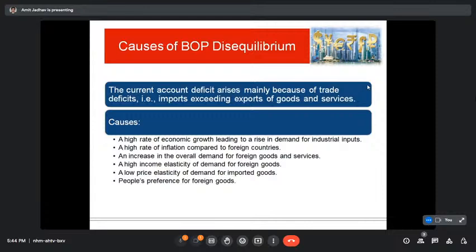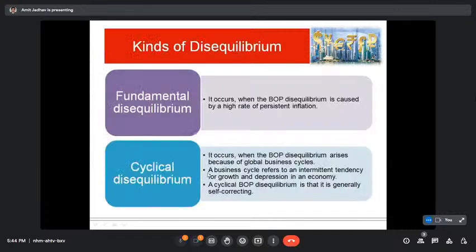That's why imports will be quite higher than exports, and most of the time developing countries have an imbalance, or a deficit, in their current account.